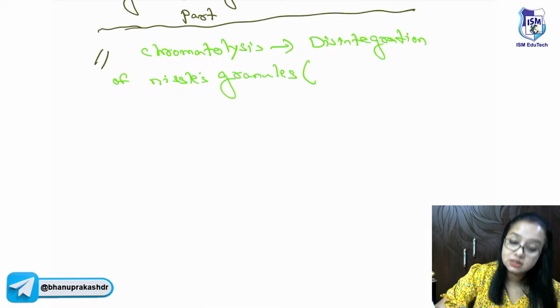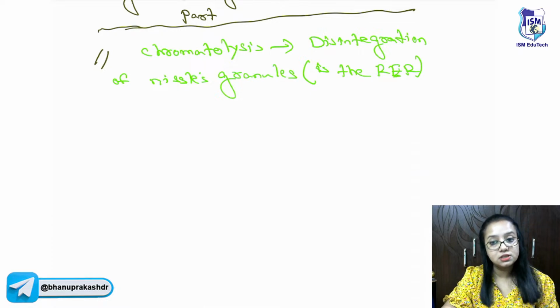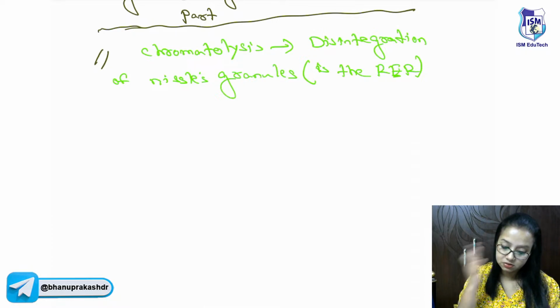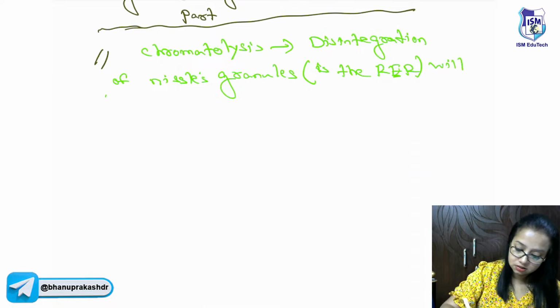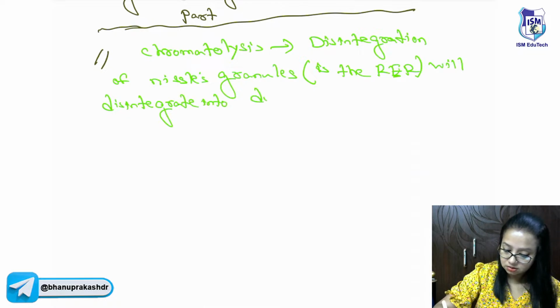Now, what is the Nissl granule? Nissl granule is the rough endoplasmic reticulum that is present in the neuron. And here the ribosomes are in rosette form, right? Instead of the linear form that we see in the peripheral cells. So Nissl granules will disintegrate into dust.